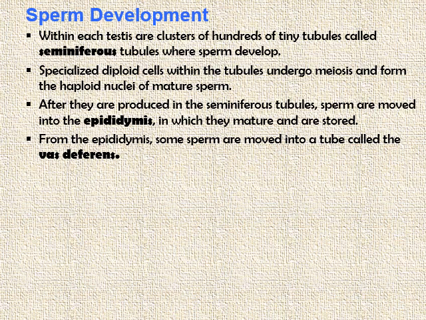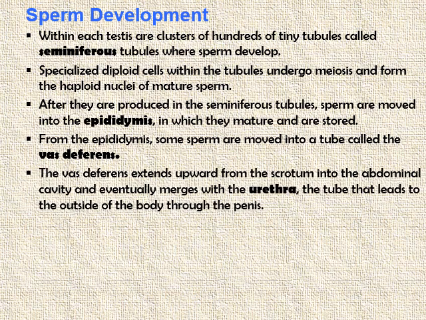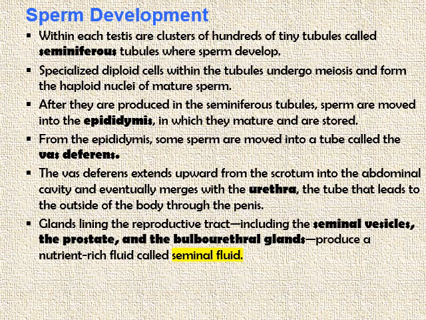From the epididymis, some sperm are moved into a tube called the vas deferens. The vas deferens extends upward from the scrotum into the abdominal cavity and eventually merges with the urethra, the tube that leads to the outside of the body through the penis.